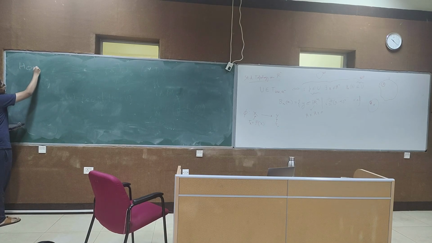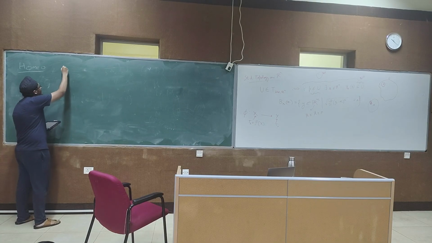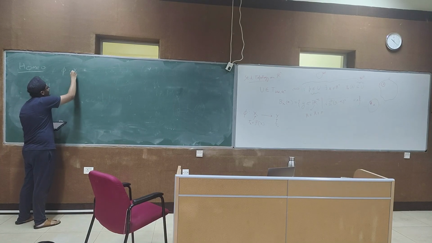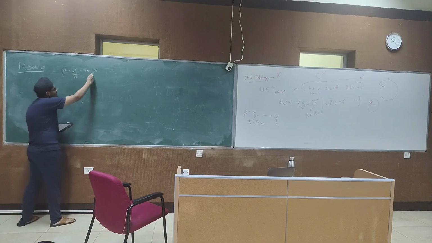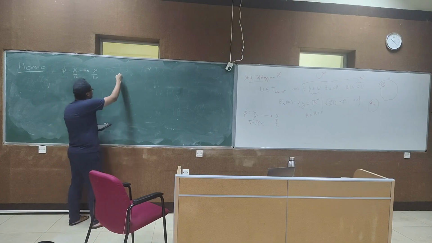Homeomorphisms, I will call them homeo. So let phi be a map from set X to set Y. X is equipped with the topology Tx, Y is equipped with topology Ty, and you are given that phi is a bijection.